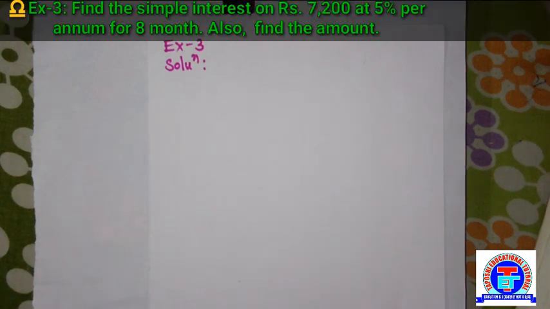Now another problem is here, example number 3. Find the simple interest on rupees 7,200 at 5% per annum for 8 months. Also find the amount. Okay student, here month is given, so we should convert month to year.